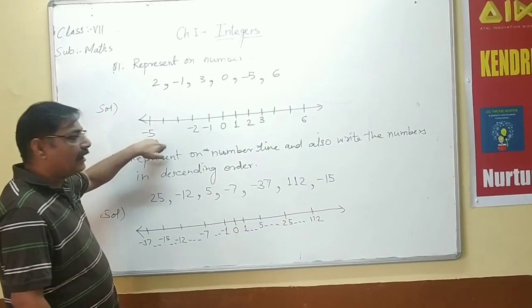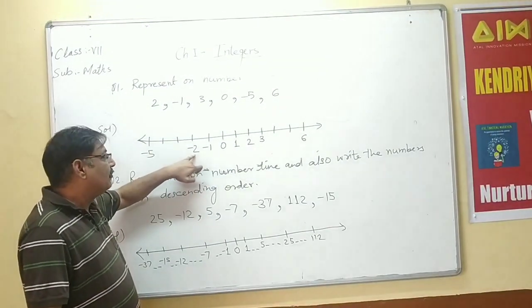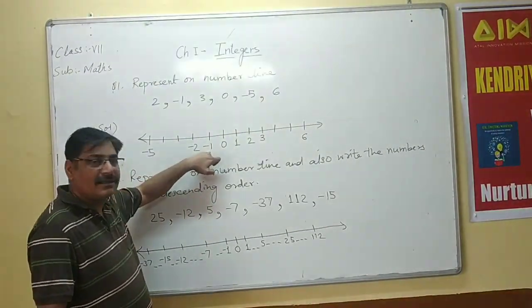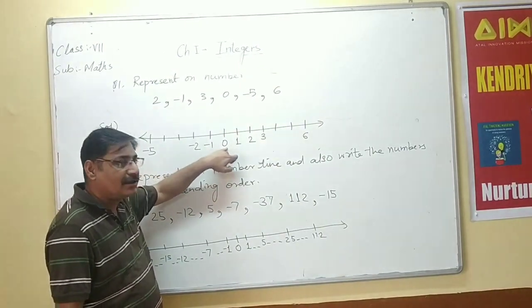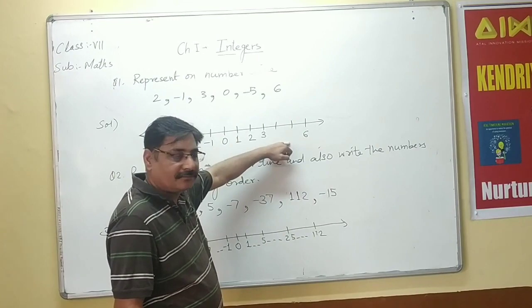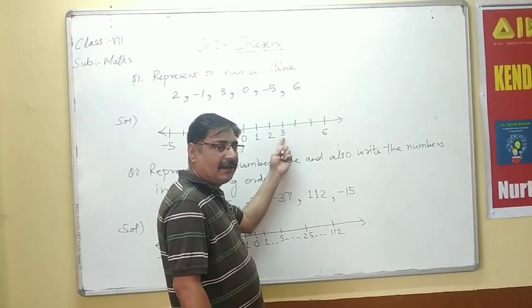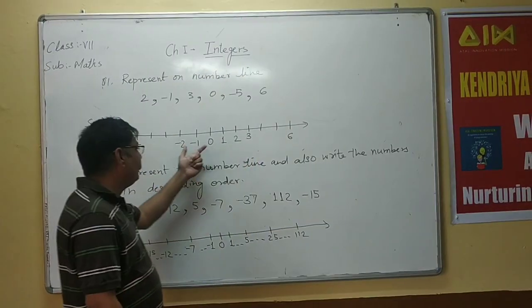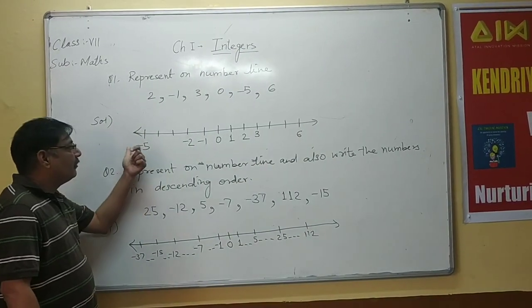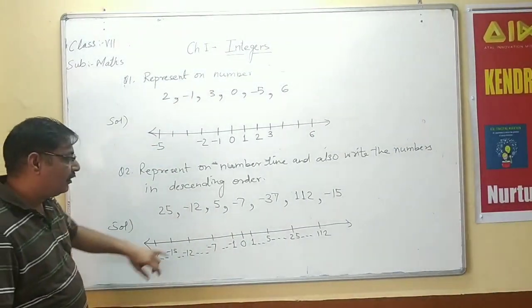So -5 is smaller than -2. -2 is smaller than -1. -1 is smaller than 0. 0 is smaller than 1, and so on. Here you can see 6 is greater than 3. So when we go to the other side, -6 will be smaller than -3.